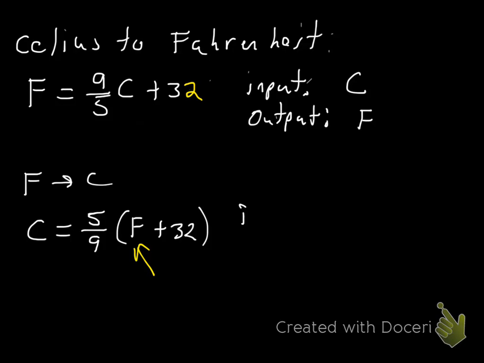So we'd be plugging in Fahrenheit, subtracting 32, and then multiplying by 5/9, and that'll give us our Celsius. So our domain and the range are switched. Now we're feeding input of Fahrenheit, and getting output of Celsius. This is one of the characteristics of a function and its inverse: the domain and the range are switched.